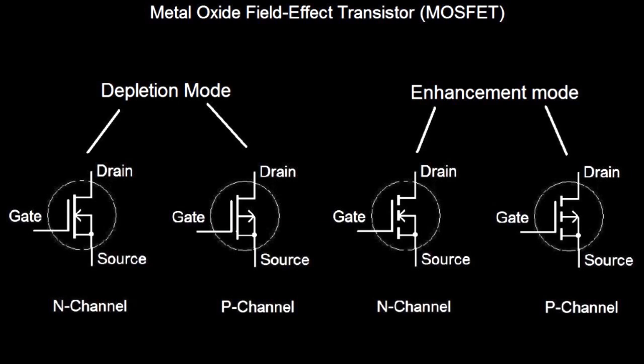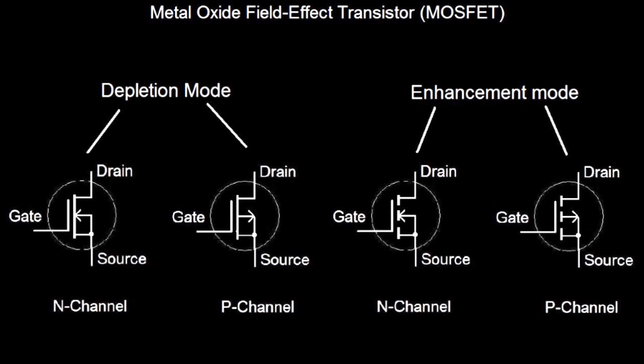Now these are similar to JFETs, but they're also different. JFETs had a connection between the gate and the channel, whereas metal oxide field-effect transistors have a very thin film or layer, kind of like a glass layer of silicon oxide or metal oxide, between the gate and the channel, and it insulates it.